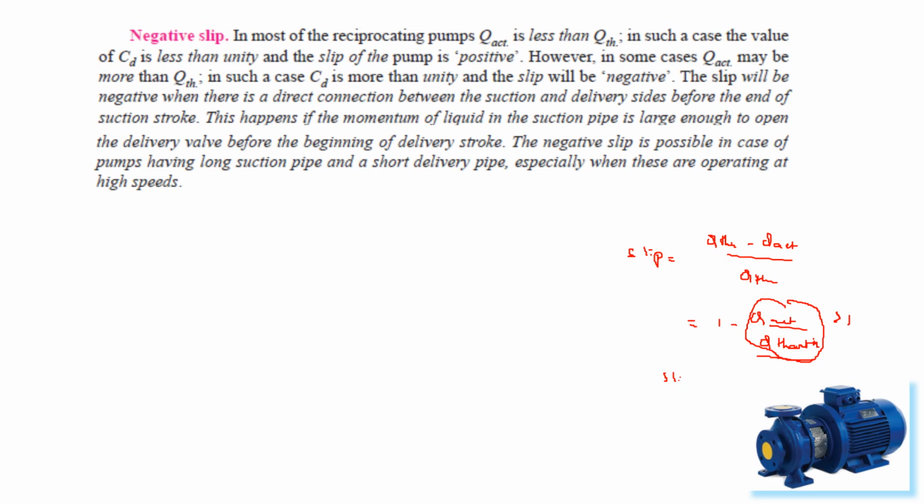This happens only when we have a long suction pipe and a short delivery pipe. When we are operating at higher speed, there may be a chance of negative slip.